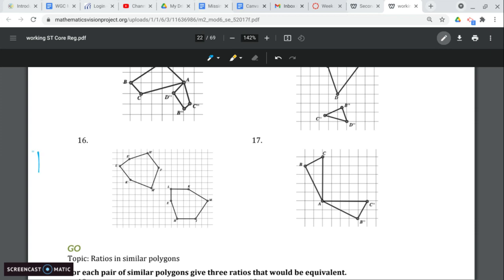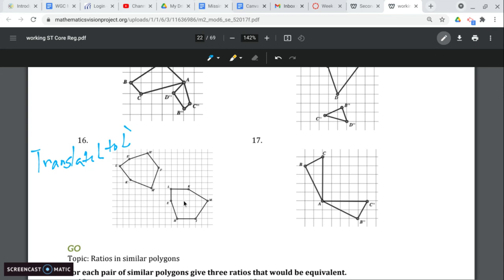So translate L to L prime. So that'll move this all over here. Now it's still going to be facing the same way. So then what's the next thing we have to do? Well, then we're going to need to rotate it from K to K prime.